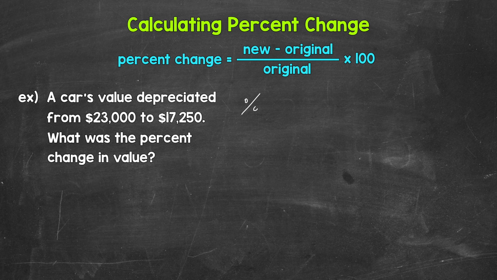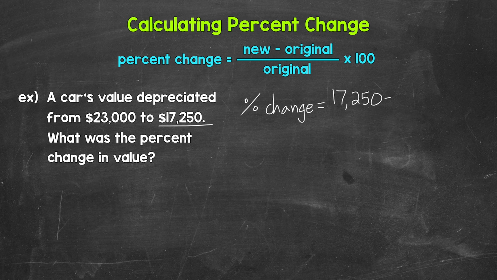So we have percent change equals, and now we need the new value minus the original value. The new value is $17,250. That's what the car is worth right now. So $17,250 minus the original value.